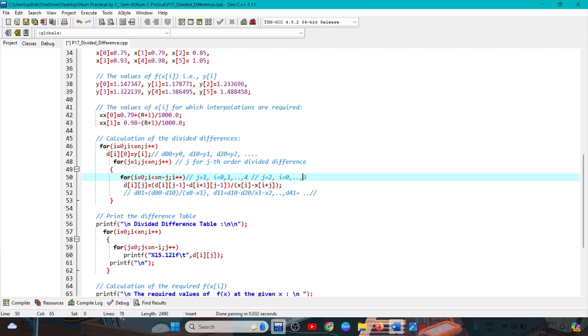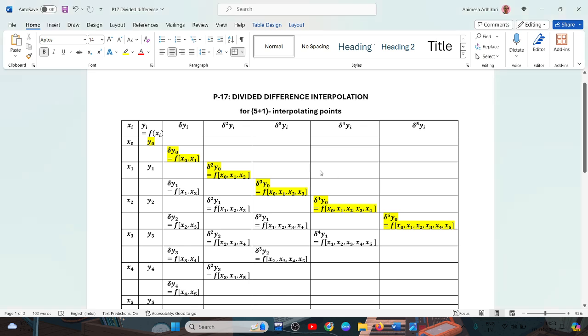So when j equal to 2, we get these second order differences: delta 2 y0, delta 2 y1, delta 2 y2, delta 2 y3.